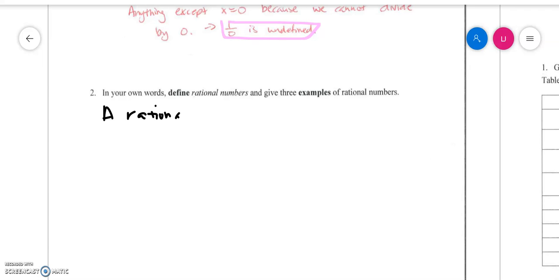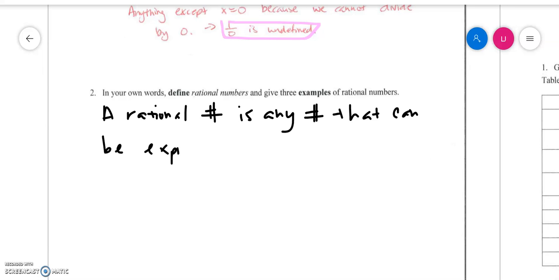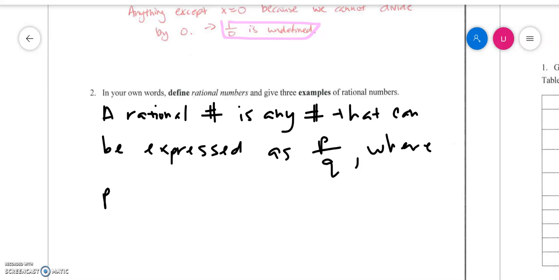A rational number is any number that can be expressed as, or that can be written as, p over q, where p and q are integers.